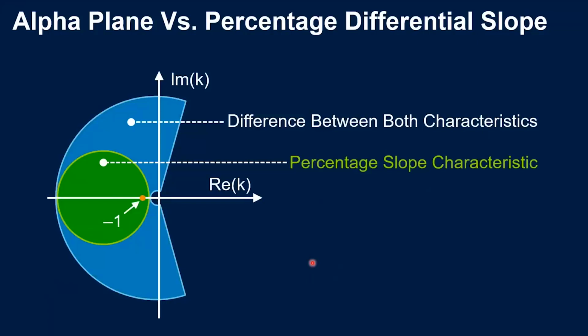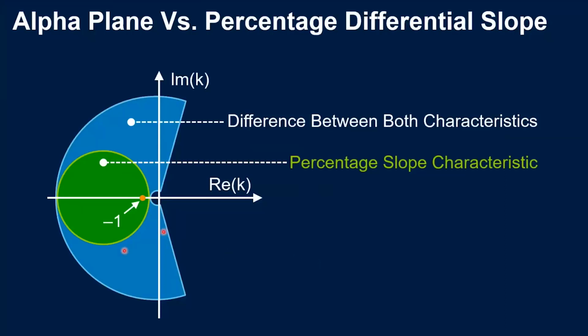So doing mathematical manipulations of the traditional differential element, we can plot that slope into the alpha plane, and we'll see that translation into the alpha plane will end up in a circle in the alpha plane. Okay, so this is more or less the correlation. And here you can start to see that, of course, it's going to behave differently.